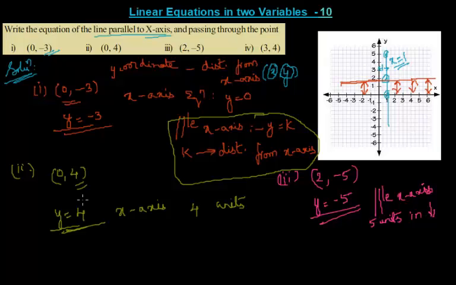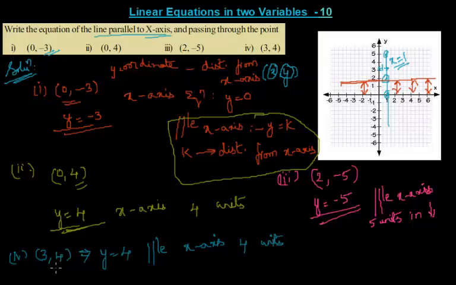Now let us see the fourth point. The fourth point is 3, 4. This also has the equation y is equal to 4 which is parallel to x-axis and at a distance of 4 units away from it.